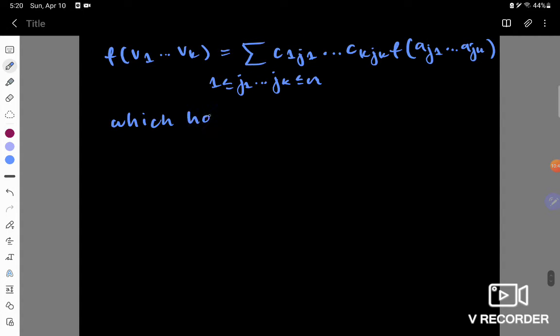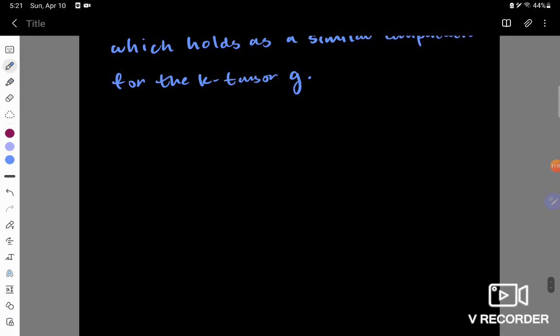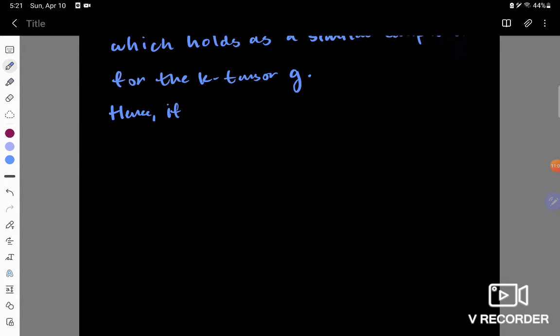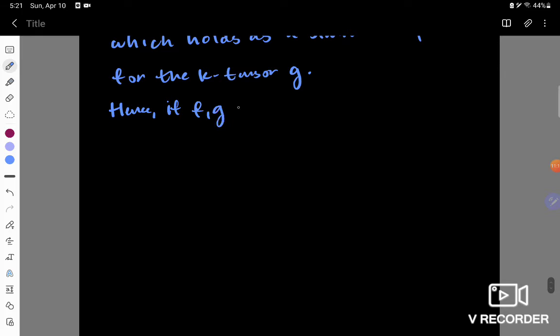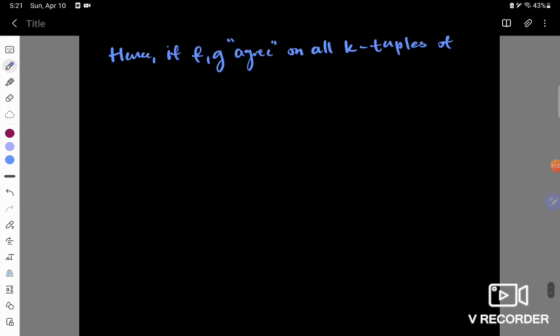which holds as a computation for the k-tensor G. Hence, if f and g agree on all k-tuples of basis elements, on all k-tuples of vectors first, we have shown they agree on all k-tuples of basis elements, so equivalent formulation.